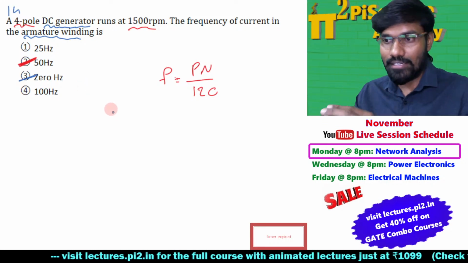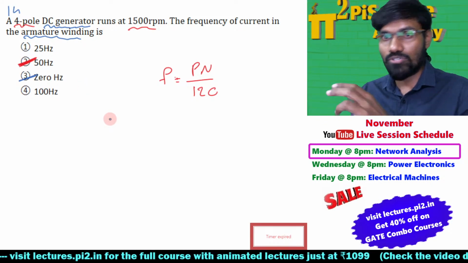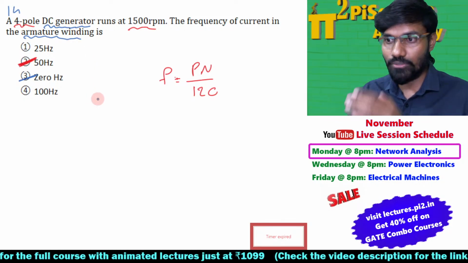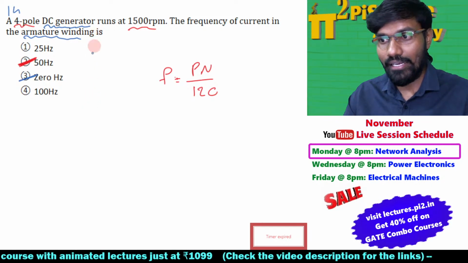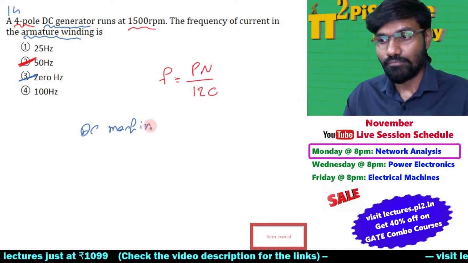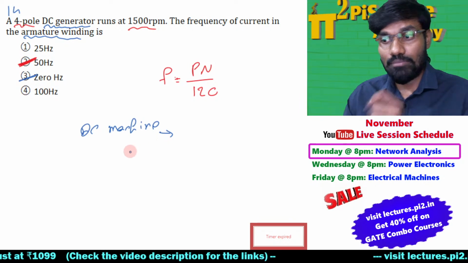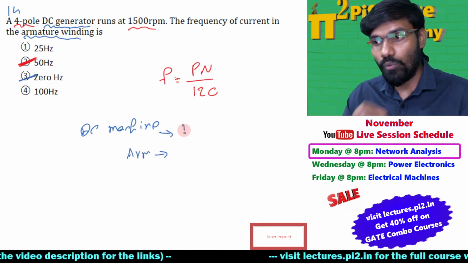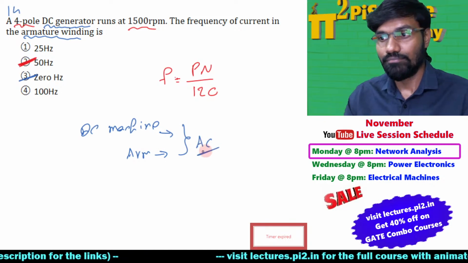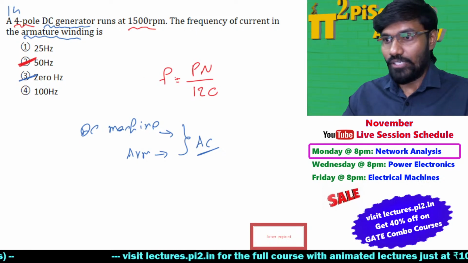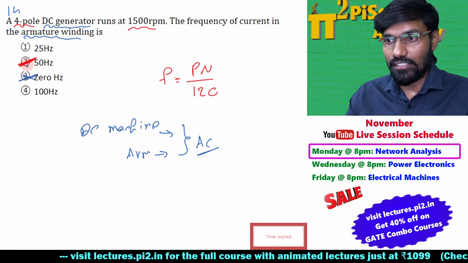The commutator is there to convert AC to DC in case of a generator; if it is a motor, DC to AC. So always in a DC machine, the armature current flowing is always AC. Clear?